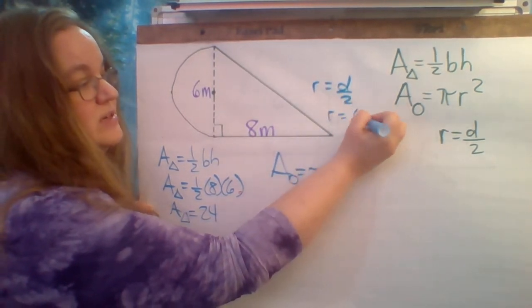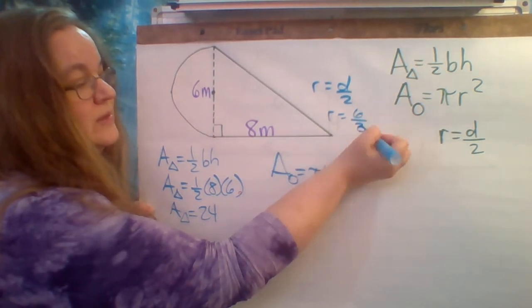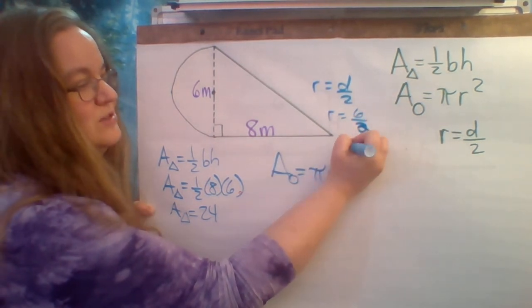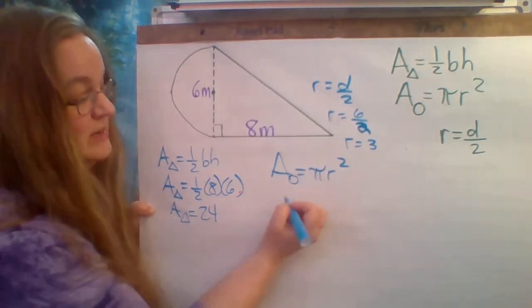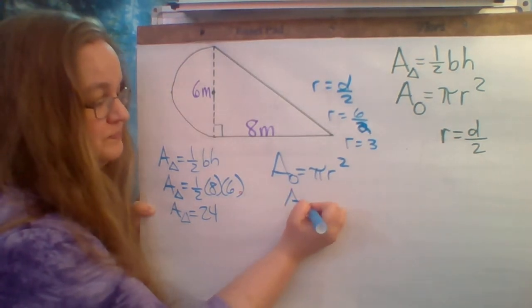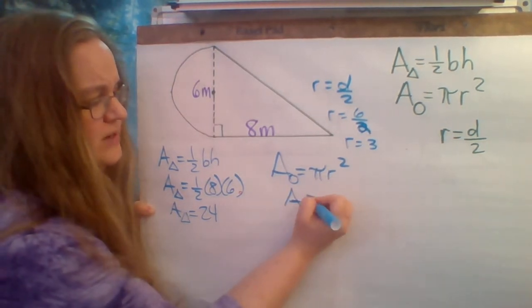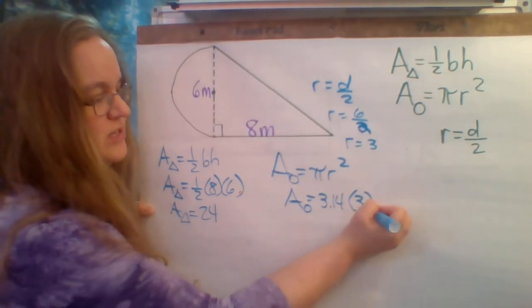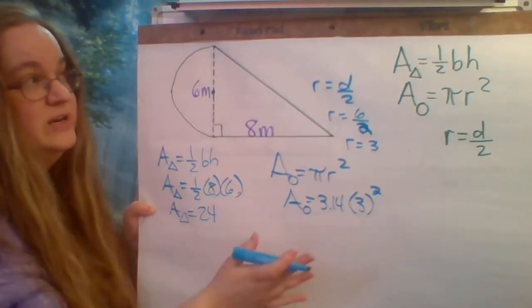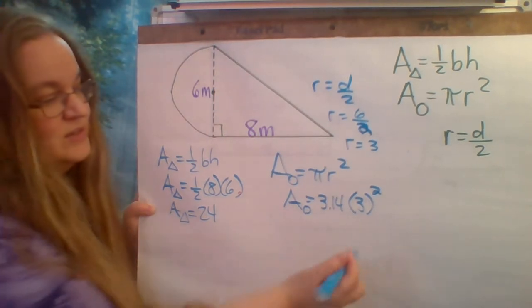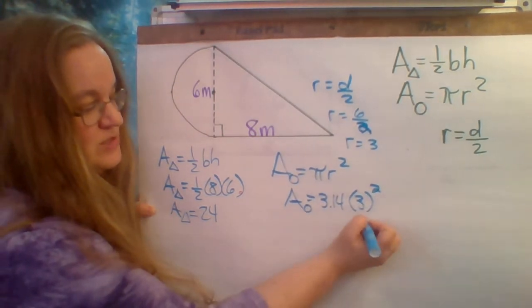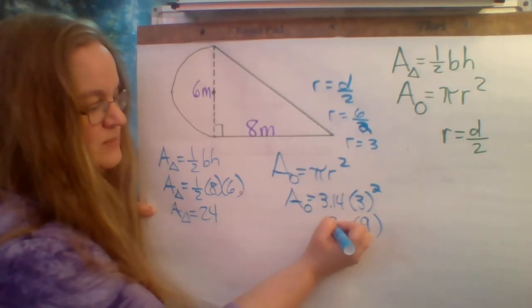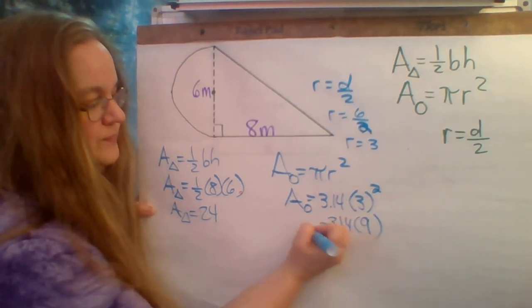Since my diameter is 6, oops, that's supposed to be a 2, my radius is going to be 3. So the area of a circle, pi, we're going to use 3.14 times 3 squared because my radius is 3. So 3 squared is 3 times 3, which is 9, times 3.14.